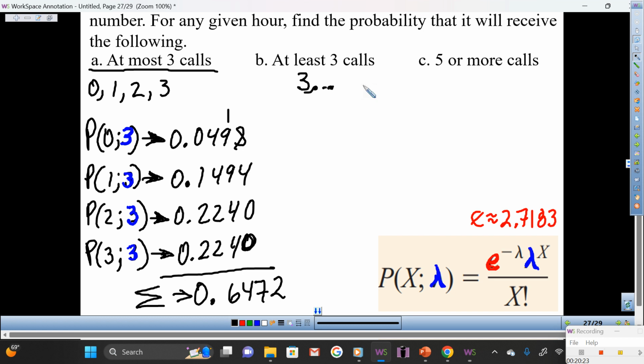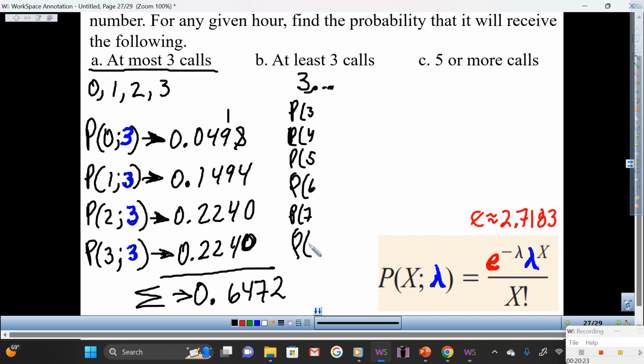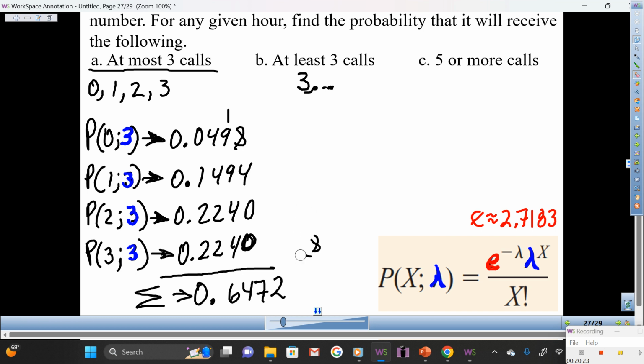Do you guys want to do P3, P4, P5, P6, P7, P8? You don't want to do that? Then you're going to have to put your brains together, because if not, you are going to have to do that for home plate.